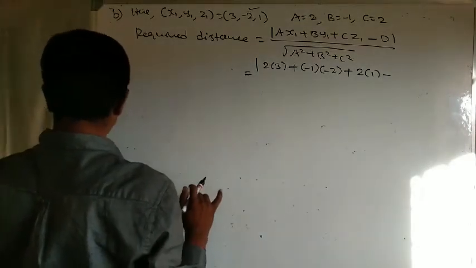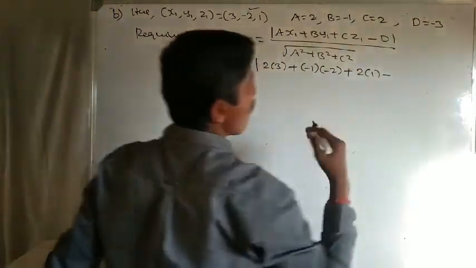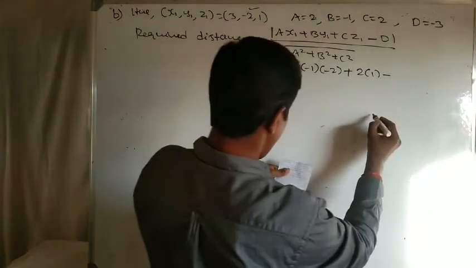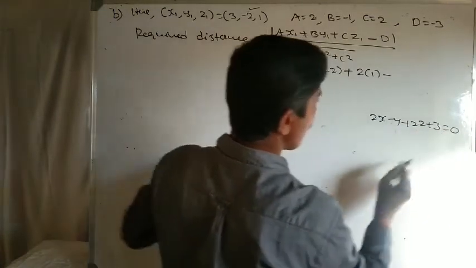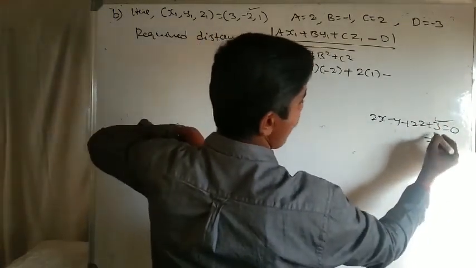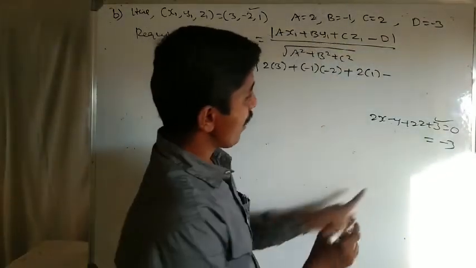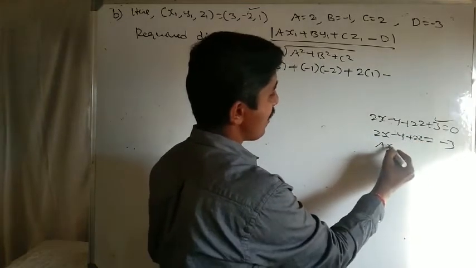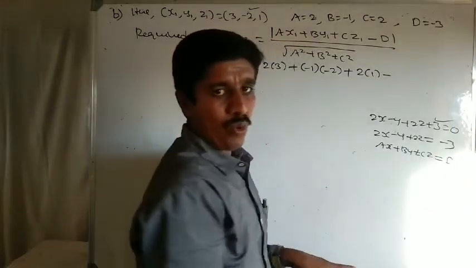minus 3, mind it here. In the equation 2x minus y plus 2z plus 3 is equal to 0, plus 3 taken to the right side becomes minus 3. Correct. Compare 2x minus y plus 2z with ax plus by plus cz is equal to d. Got it?